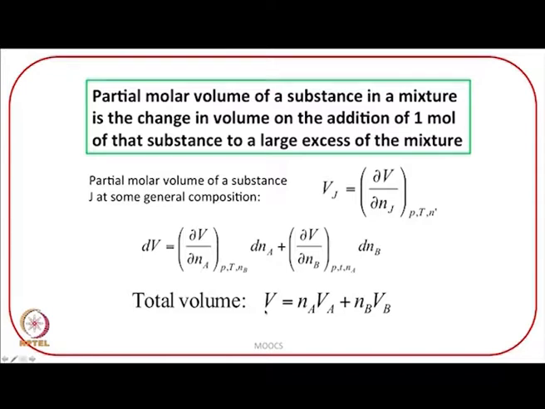That is, the total volume is equal to number of moles of component A into partial molar volume of A plus number of moles of component B into partial molar volume of B.